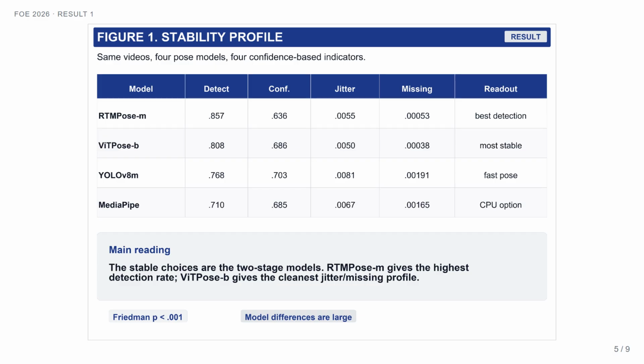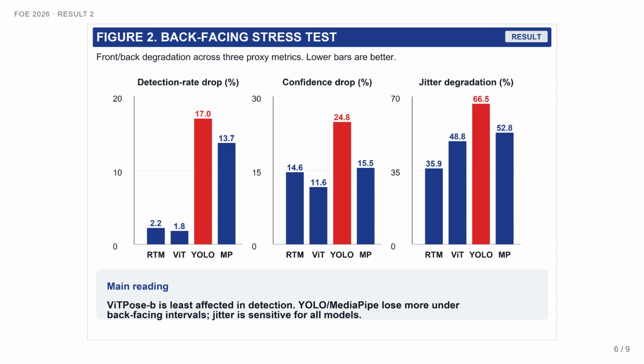YOLOv8-Medium-Pose is the faster pose option. MediaPipe is feasible on CPU, but less stable. Friedman p is less than 0.001.